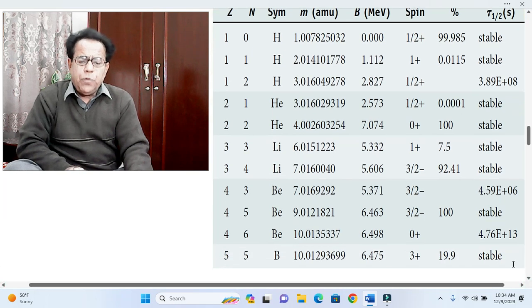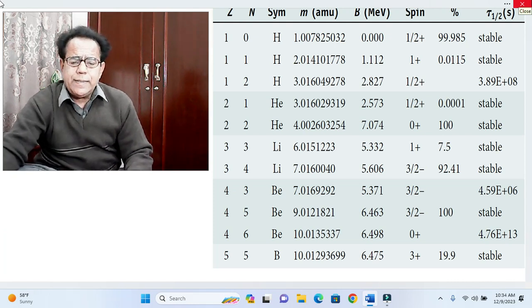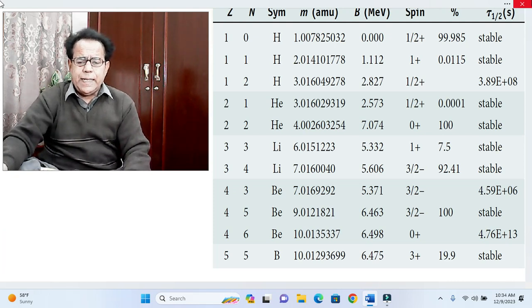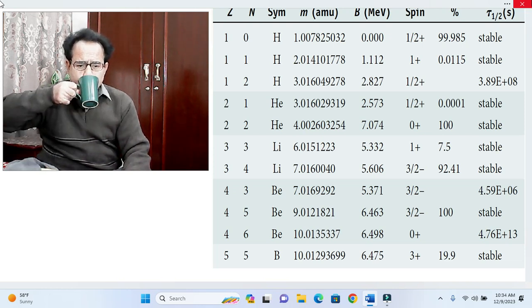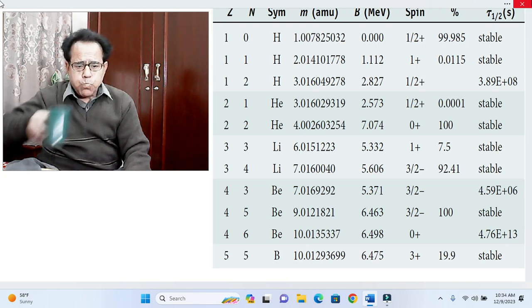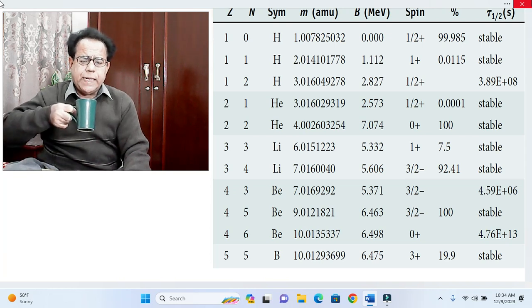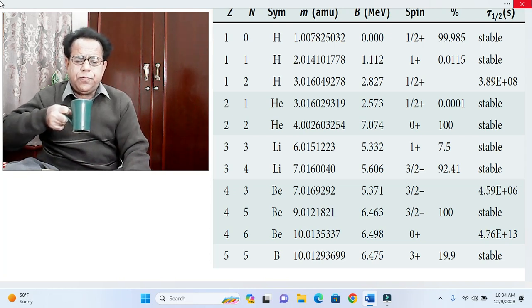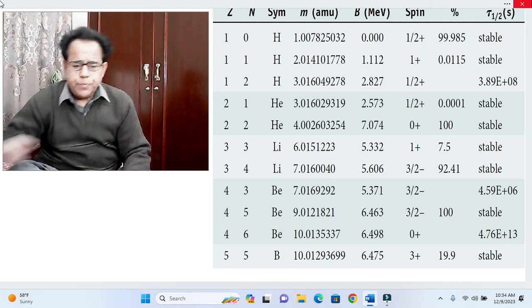So from here this thing has once again become clear that in the case of hydrogen we will take Z equal to 1, while in the case of helium we will take Z equal to 2, and in the case of beryllium we will take the atomic number Z as 4.